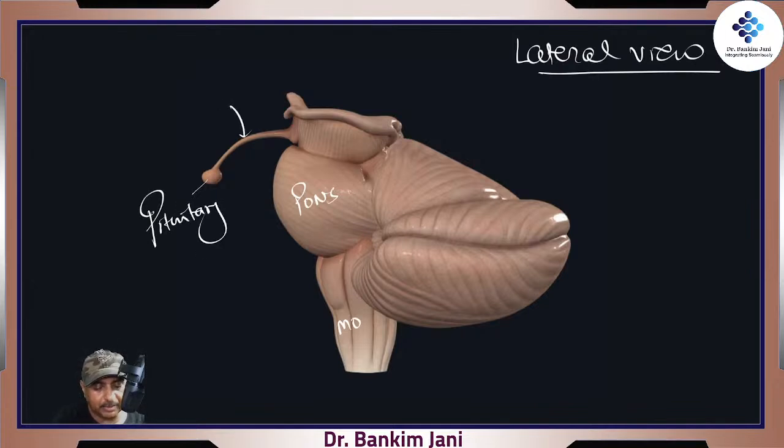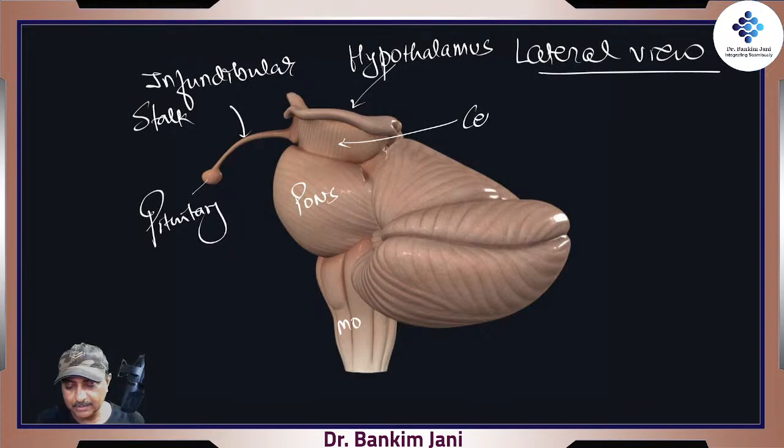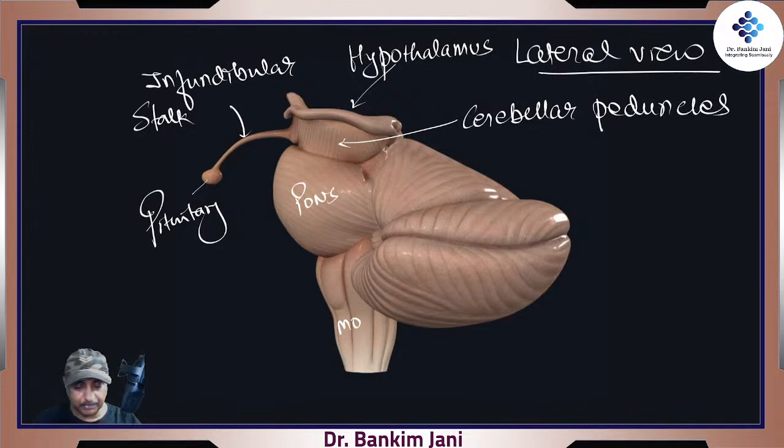Then this one would be the infundibular stalk. And this top is the place where the hypothalamus will be. And this one is the cerebellar peduncle. When we take a section, at that point we'll see how this portion actually has three bundles, one superior, middle, and the inferior one.